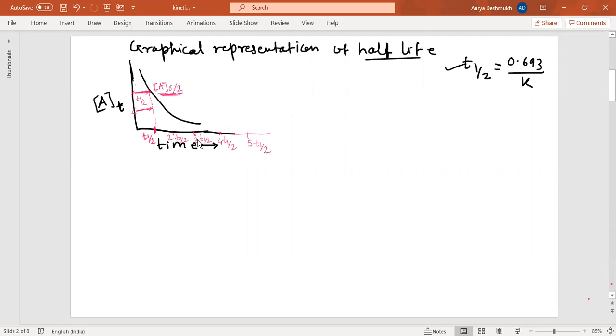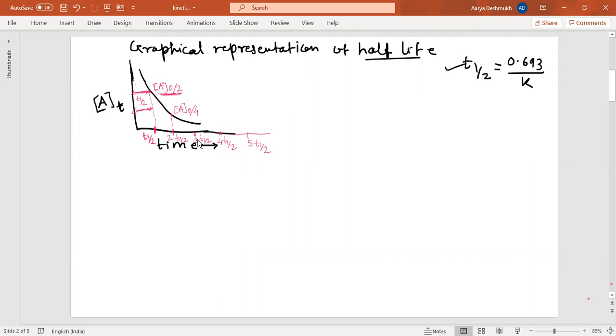Now if you further go for twice of the T half, okay, I hope you are getting me. Twice of this T half. Now if I extrapolate like this, whatever is the concentration left here, for twice of this T half, it would be A0, initial concentration, divided by 4.